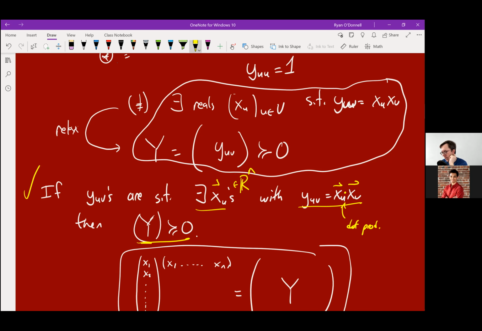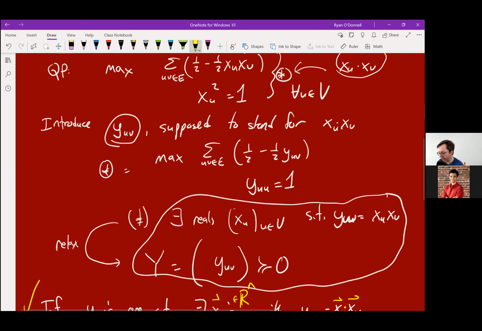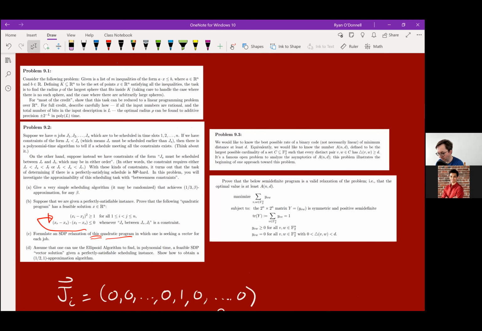Cool. So then going back to the 9.2. That inspires me to think of x_i minus x_j as potentially being some vector, because then there's a dot product between vectors being less than 0, and a vector squared.